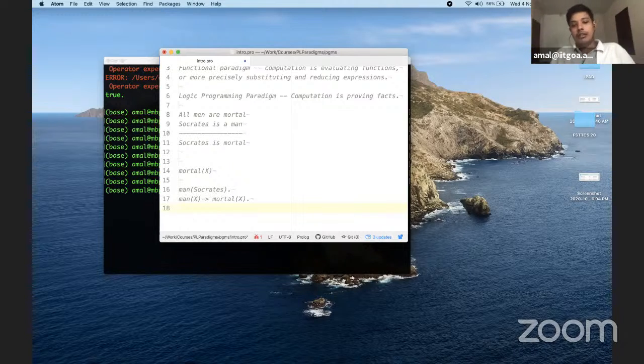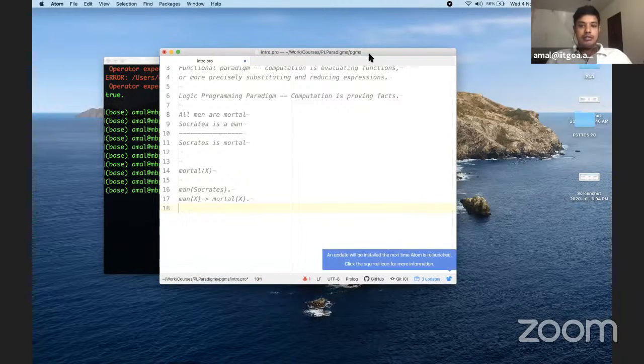From these two facts, I can compute what is the value of X for which mortal of X holds. It may not be easy to understand yet, but as we go along, you will understand.